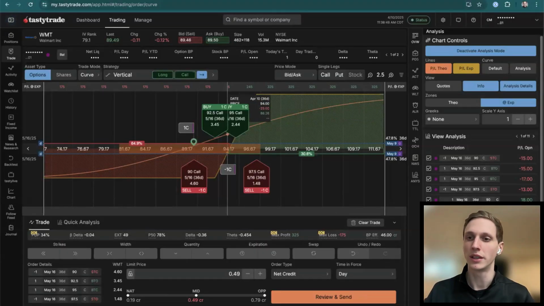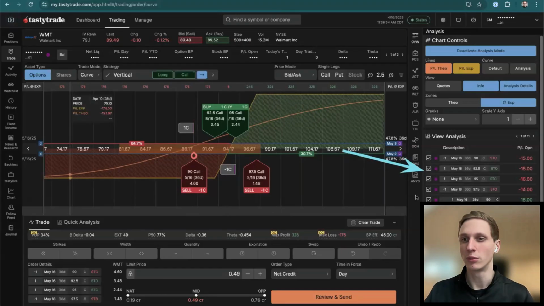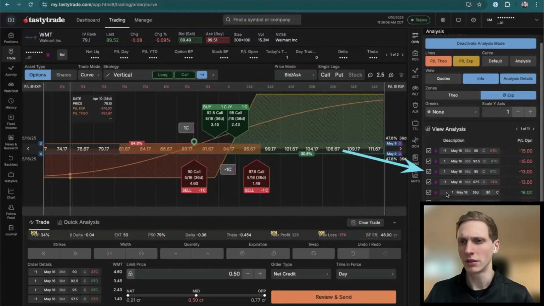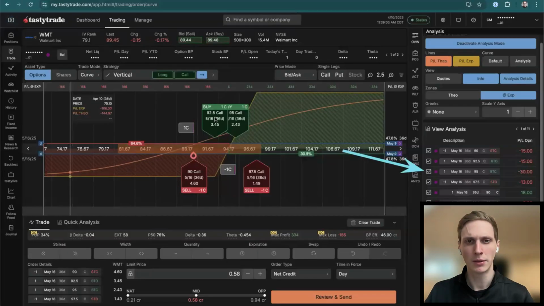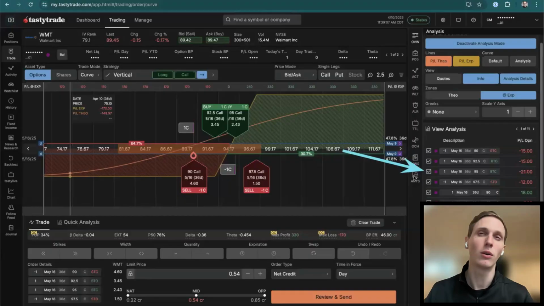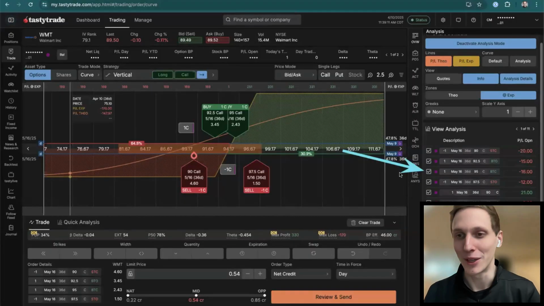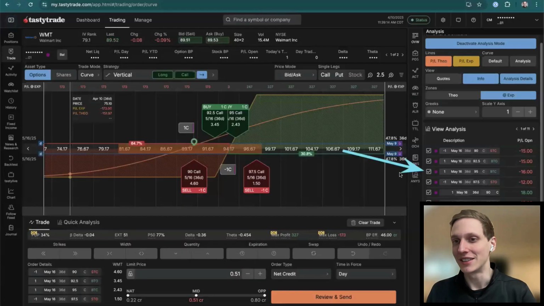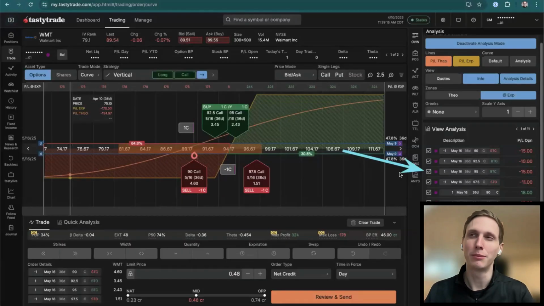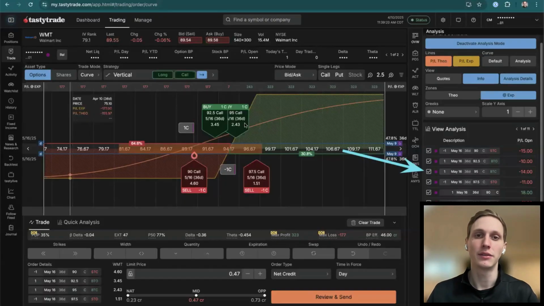The way to toggle between them on this right side here, you can toggle which legs you want to view. So in this case, if we only wanted to look at our rolled legs, you'll be able to toggle between those legs here. Oh, we were just changing the strike price. I thought we were rolling expirations. I clicked the other one. But you can see how your trade would be impacted by closing your current position and opening it up at a different strike price.